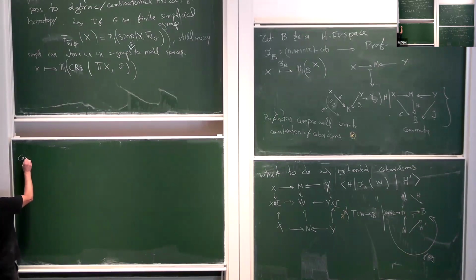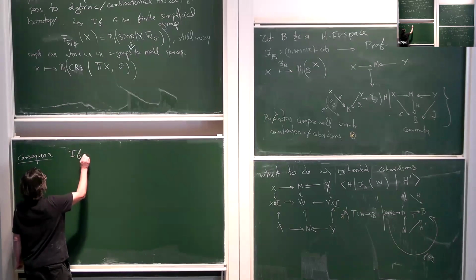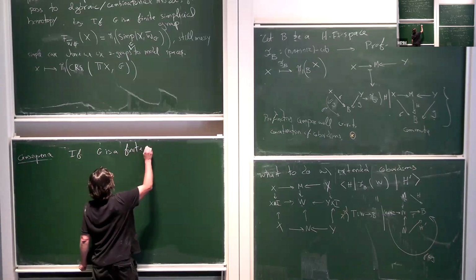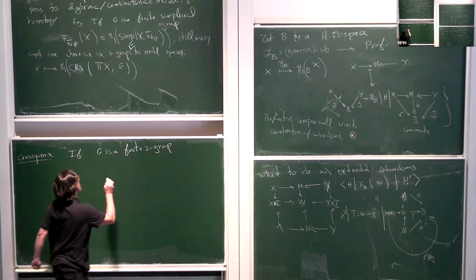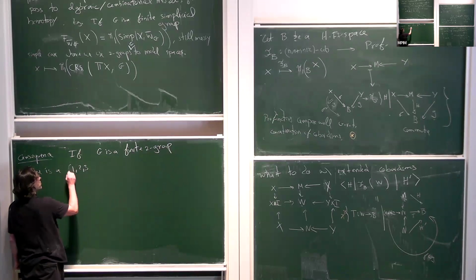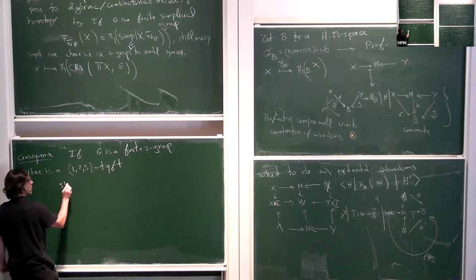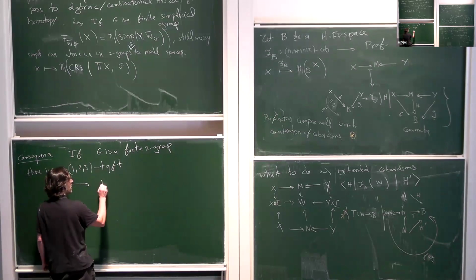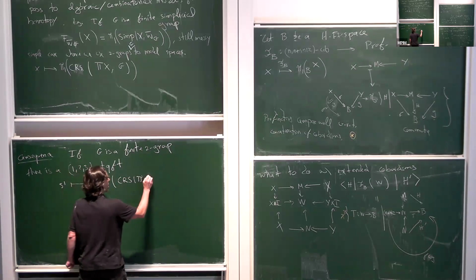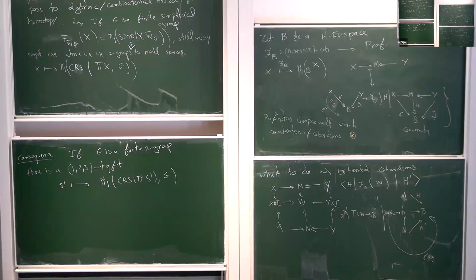So, a consequence: if G is a finite two group, there is a 1, 2, 3 TQFT sending S1 to the fundamental groupoid of the internal Hom of S1 into G. This actually comes for free from this construction.